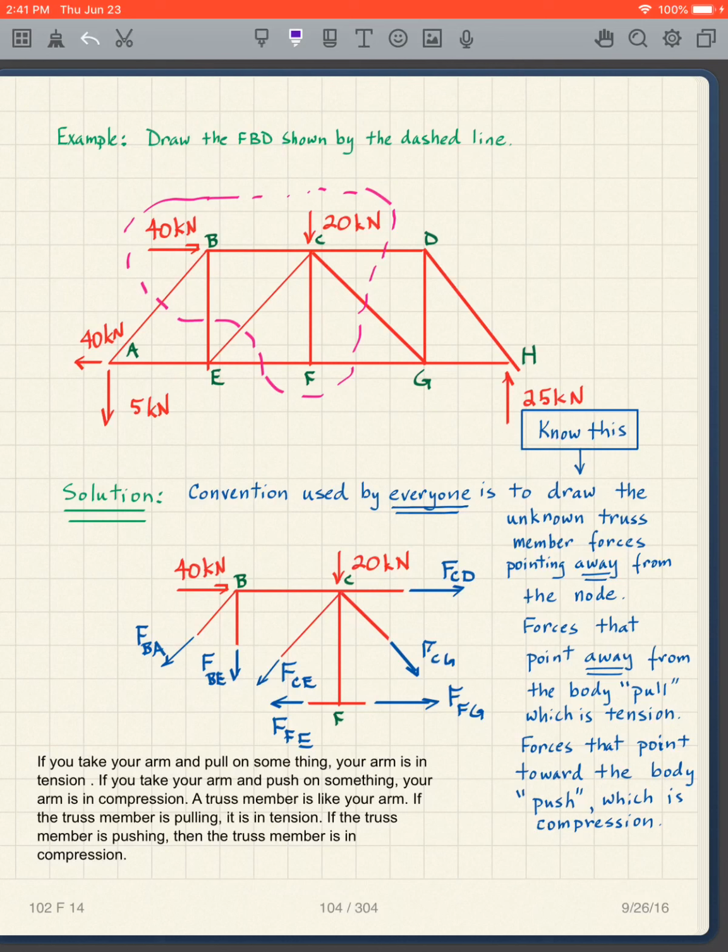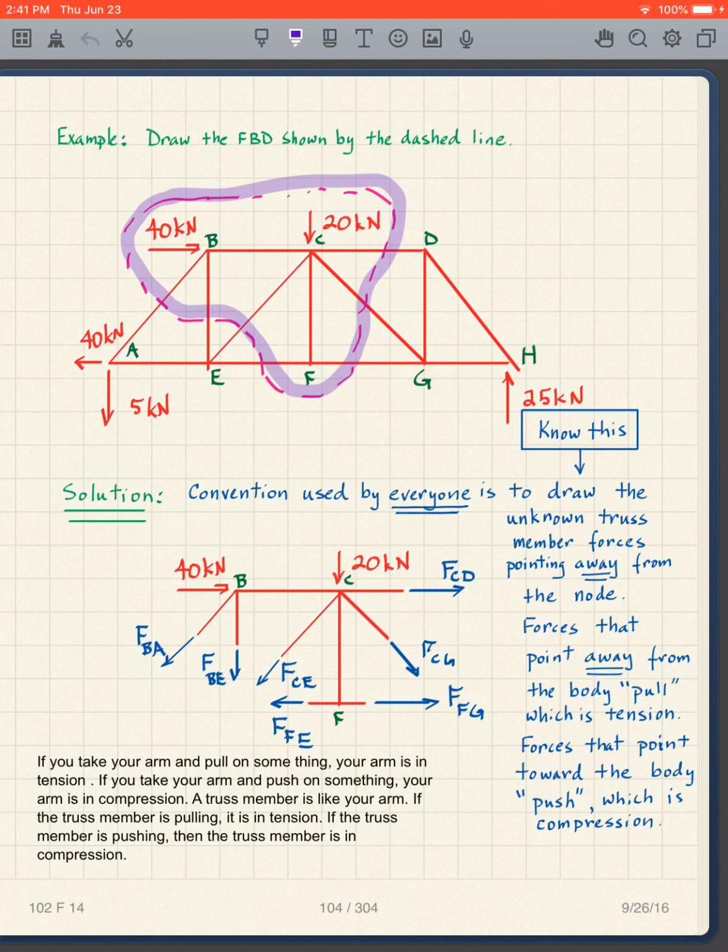If you don't, you have to do the equivalent. Here's my truss, and here I'm going to illustrate how to draw a free body diagram. Here's my dashed loop.